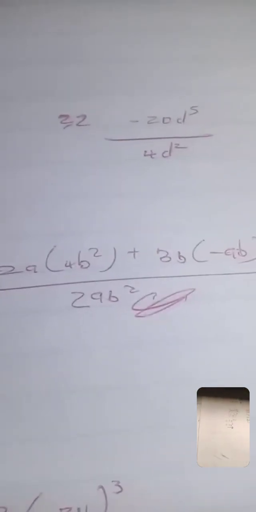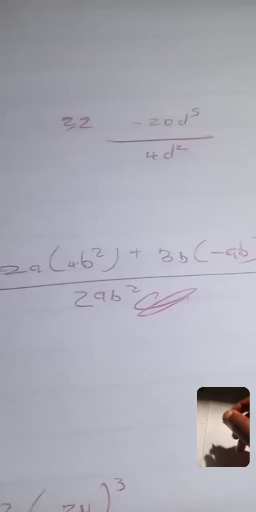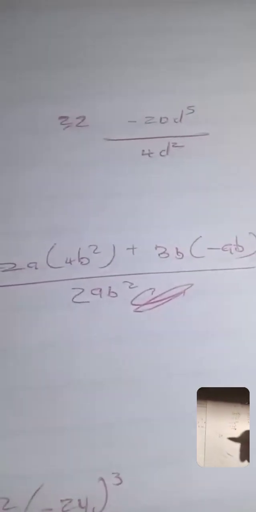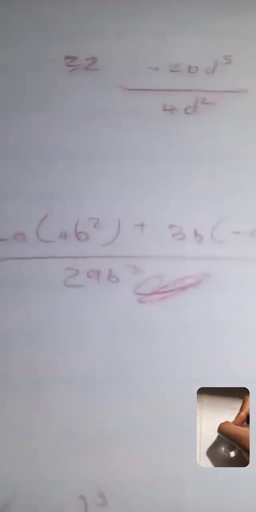Okay, let me just give you a chance. I can't see that one problem. Okay, so it's 2a. Which one is it? The one at the bottom. This one. It's 2a, with close bracket, 4b squared.